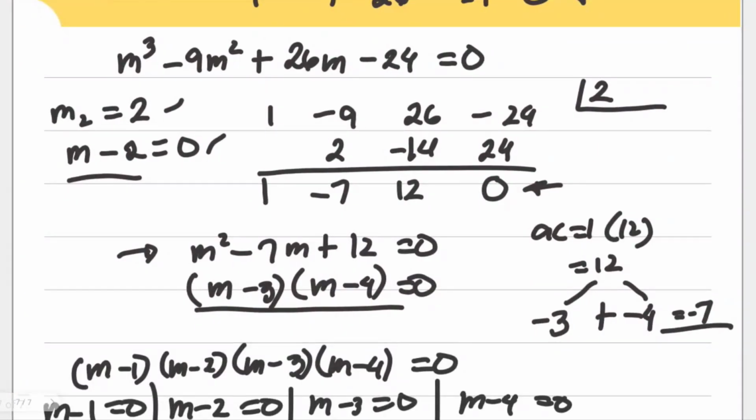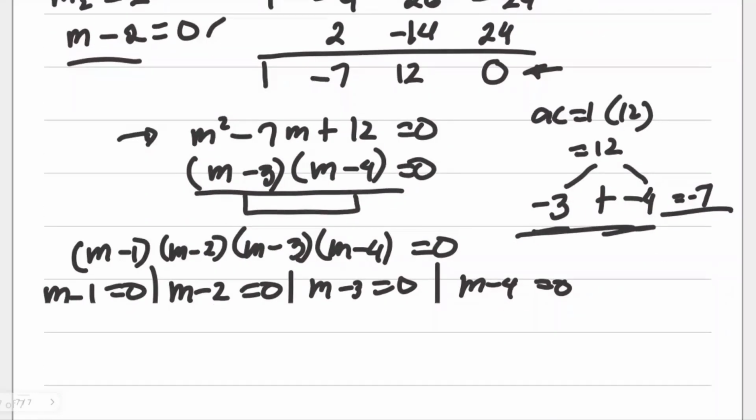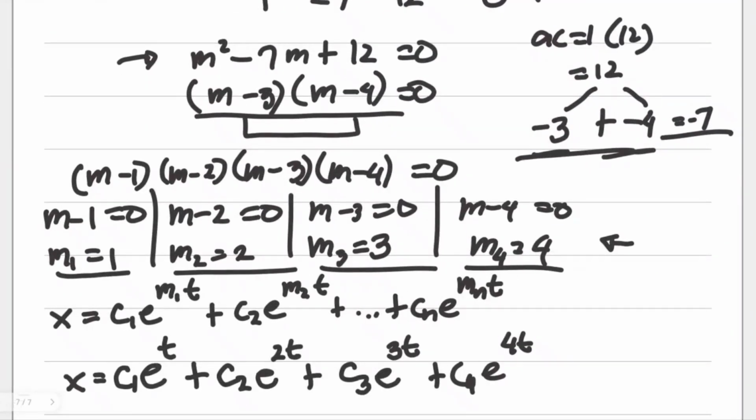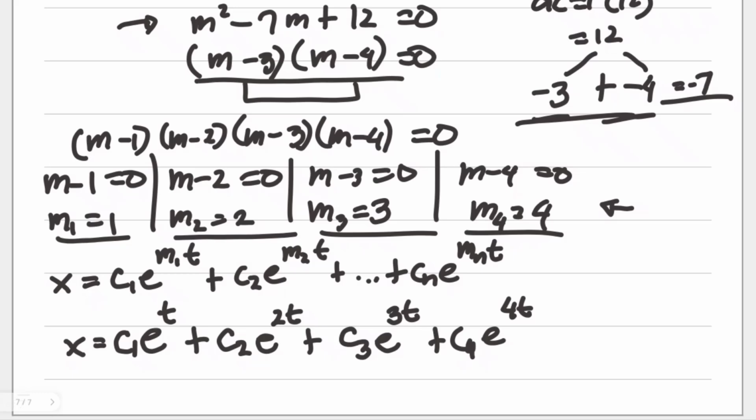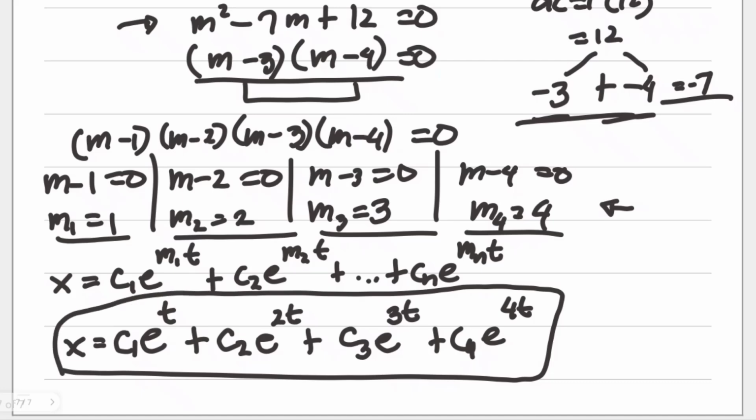Of course, we can always interchange negative 4 and negative 3 here. So if they are interchanged, the roots will also be interchanged. So it doesn't follow a certain order. So if you write it in this manner, or you will have 4 and 3 here, they are just the same answer, regardless of the location of your c sub 3 and c sub 4 constants, because they are just arbitrary constants. And here is the solution of our given homogeneous differential equation.